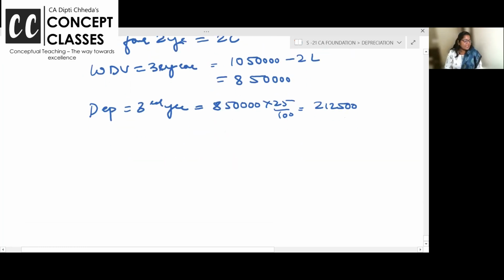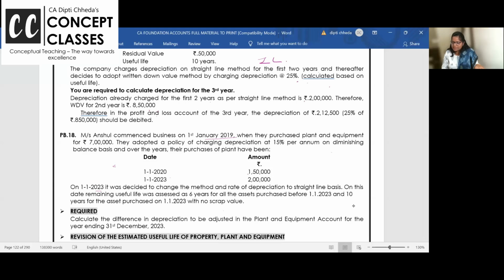So with this, let us do illustration number 18, problem number 18 in our material. Are you all reading with me? Let us read it once again, it will be clear. Anshul commenced the business in January 2019 when they purchased. They adopted 15% WDV. In 20, one more was purchased.